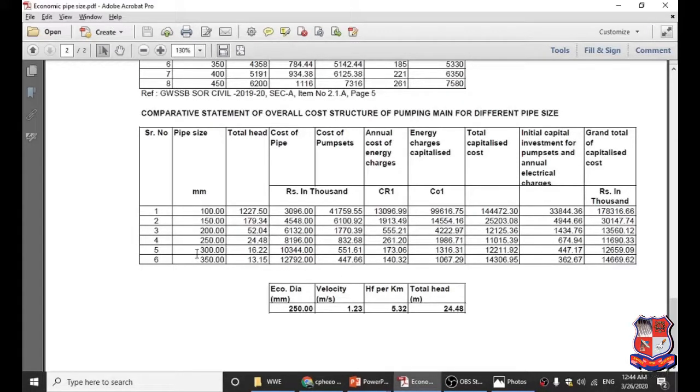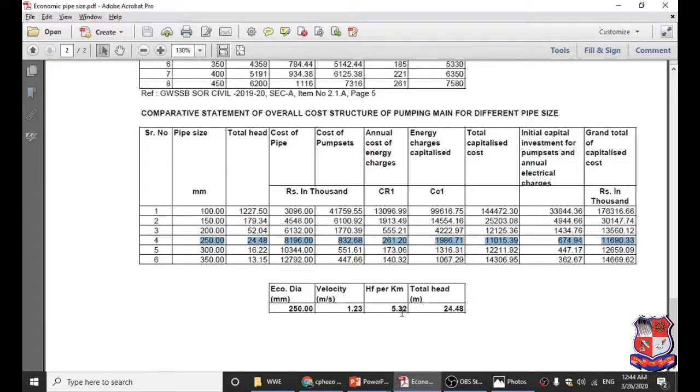Because as the diameter increases, the pipe cost is increasing here. So this 250 diameter pipe is the optimum, or we can say it is the economic pipe, because for 250 diameter pipe, the grand total capitalized cost is less. So the economic diameter is 250. For this 250 dia pipe, velocity is 1.23 meter per second.